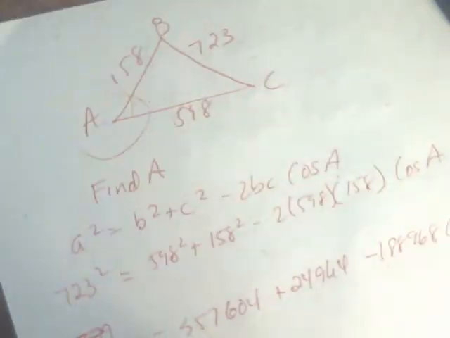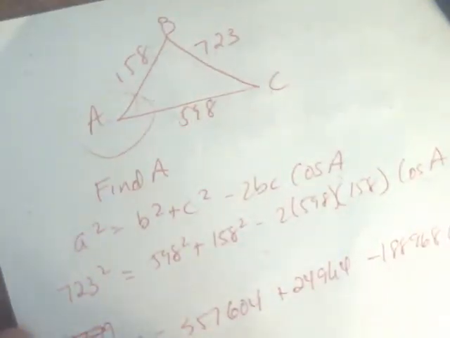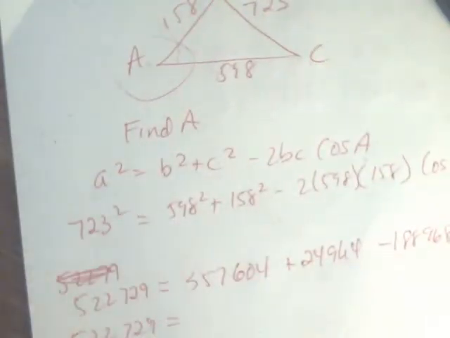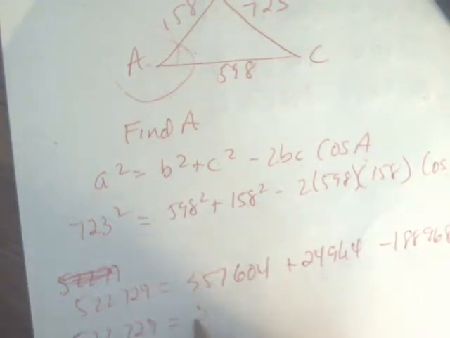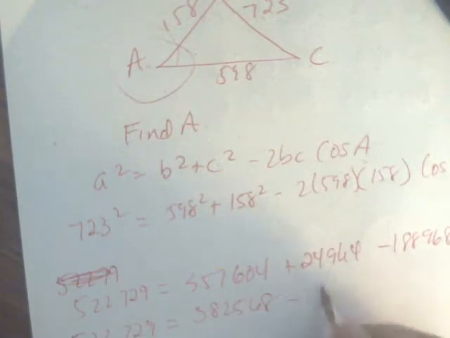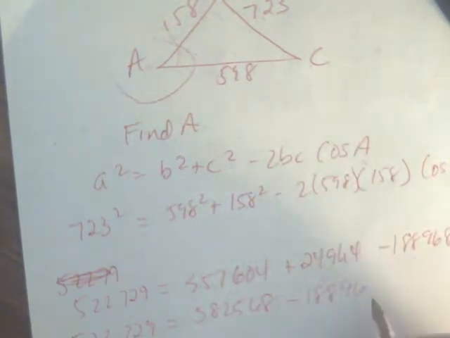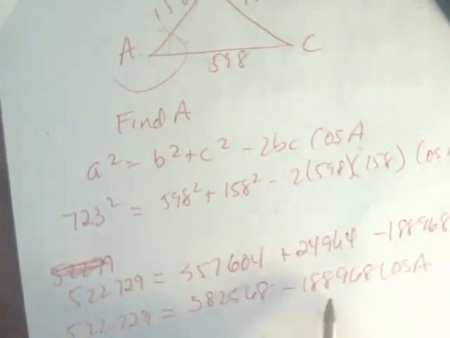So I'm going to take 522,729, and I'm going to add these two together here. Just try to do what I do if you have trouble with this stuff. I'm trying to make things easier on you. So this is 382,568 minus 188,968 cosine A. The instinct for most people is to subtract these two.